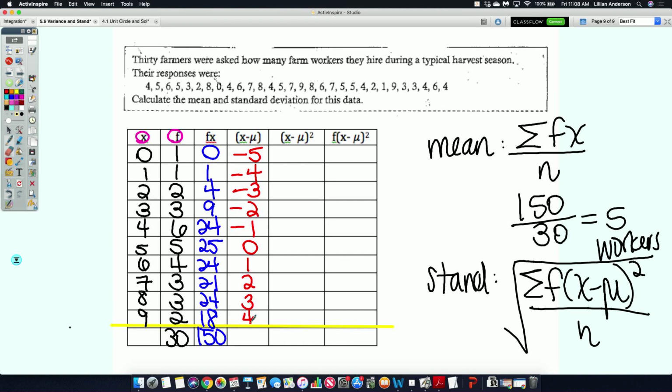What's negative 5 squared? Remember, you always work with positive numbers here. So I have no more negatives. 5 squared, 4 squared, 3 squared, 2 squared, 1 squared, and 0 squared.